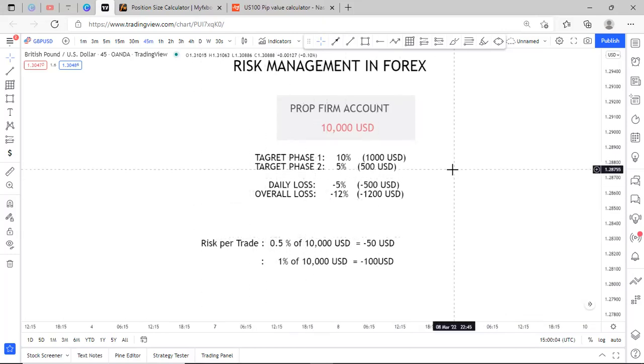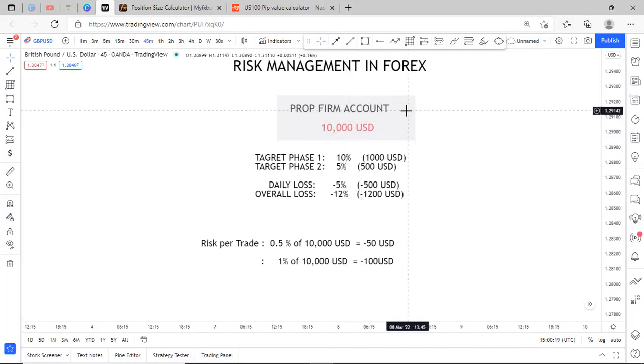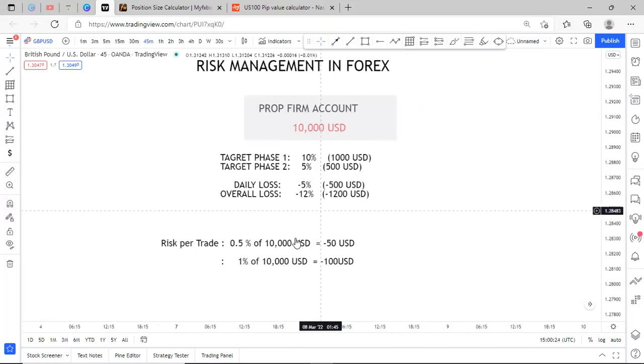For example, if you want to get into a buy trade, please don't risk more than 0.5% of your trading account. Even if it's a 100,000 account, even if it's a $200,000 account, even if it's a 1 million funded account, you don't want to be risking more than 0.5% per trade.